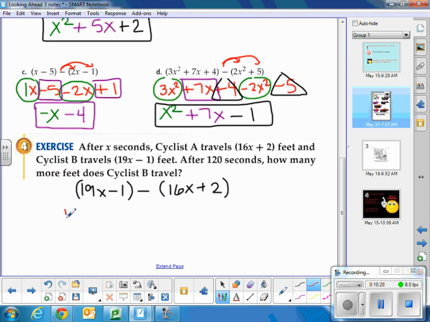So it's going to be rewritten as 19x minus 1 minus 16x, because we're going to subtract 16x and also subtract 2.